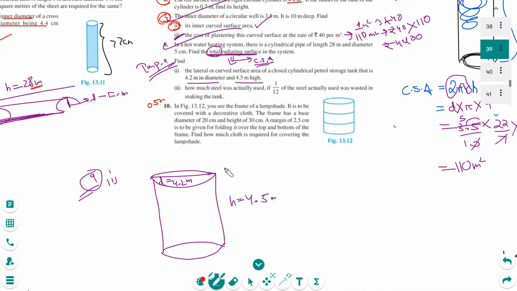Guys, you calculate the surface area. How about you people do it? Quickly, put the values and calculate it for me. Yes, I am waiting.